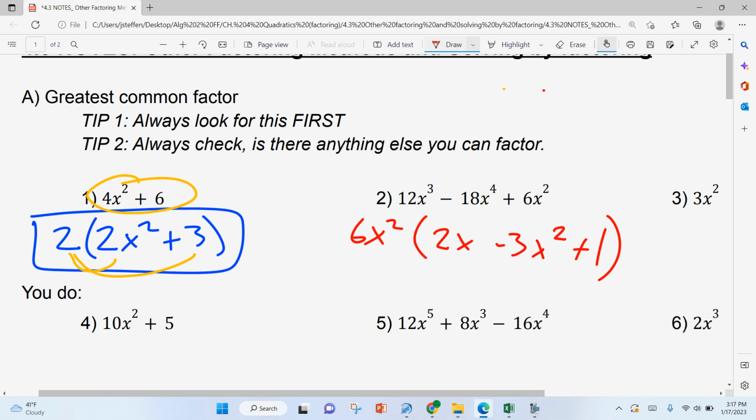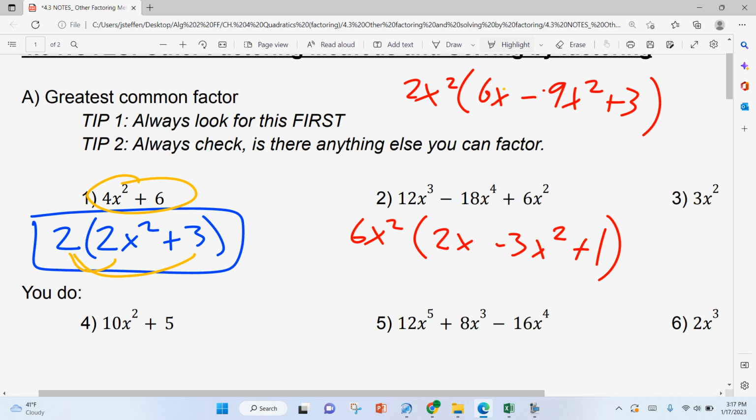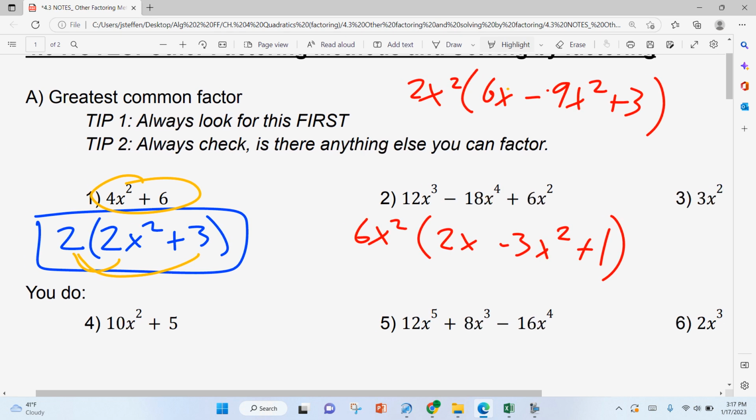Now again, you might want to double check to see if you can factor out anything after that. And the main reason I say is because if you thought that you factored out a 2 first instead of a 6, we would have 6x minus 9x squared plus 3. And then if you notice, you can still factor out, I guess I could use a highlighter, but maybe not.